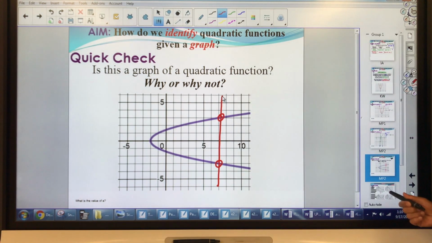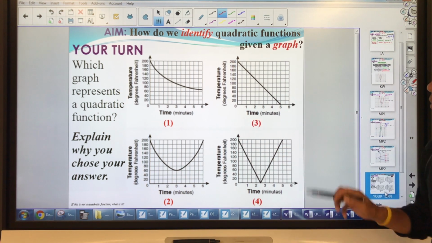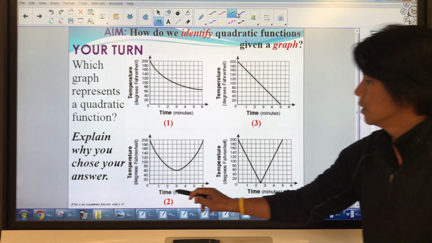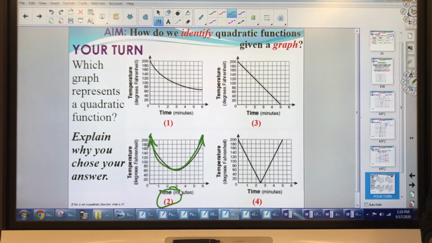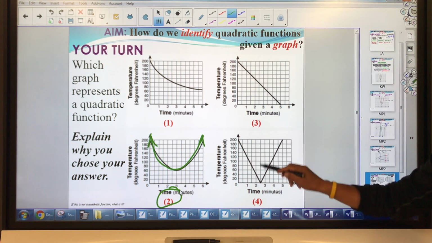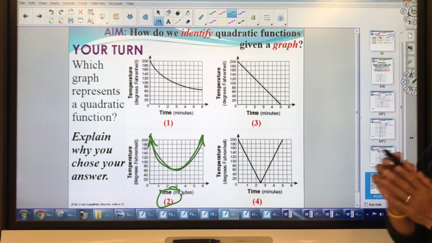Clear? Now, quickly, which graph represents a quadratic function? And explain why. The answer here is 2. It's a parabola and it opens upward. But this one, is this not a quadratic function? No, because it's a V. Remember what I told you?